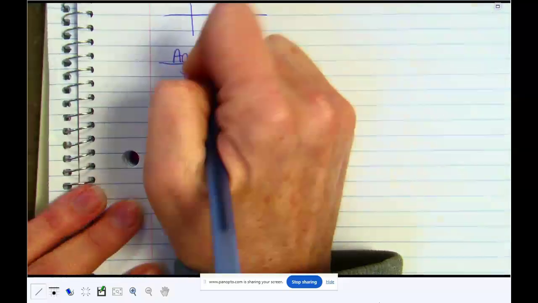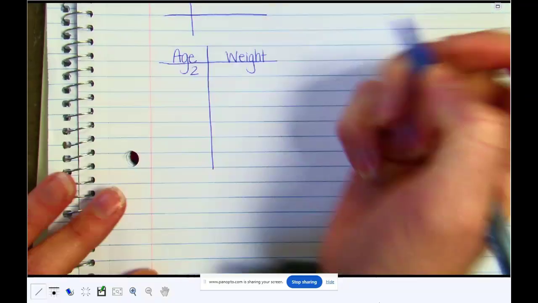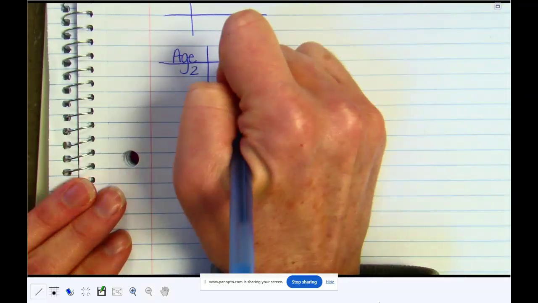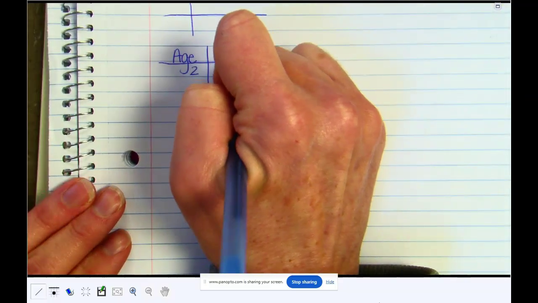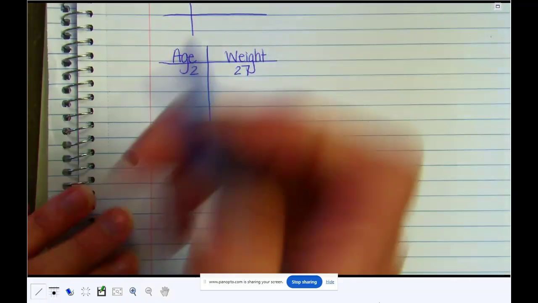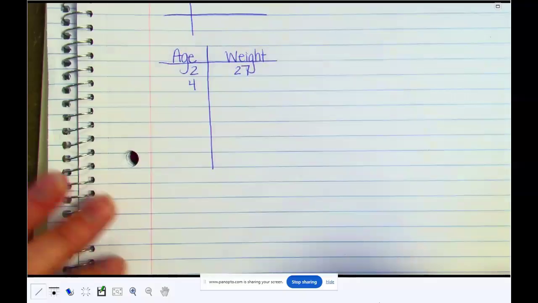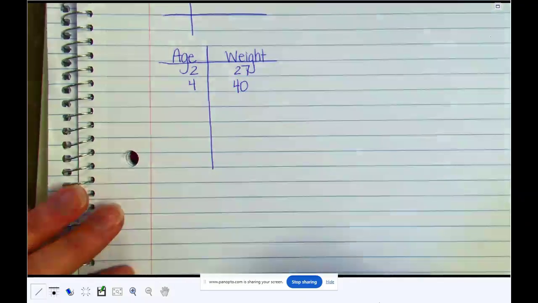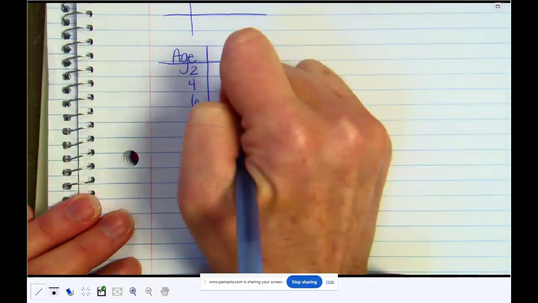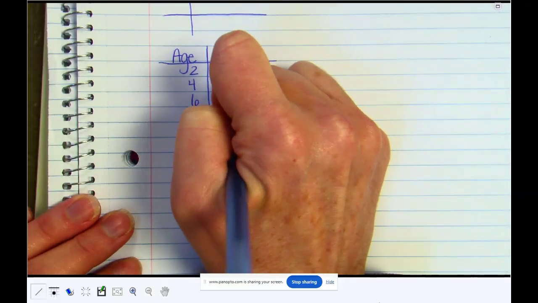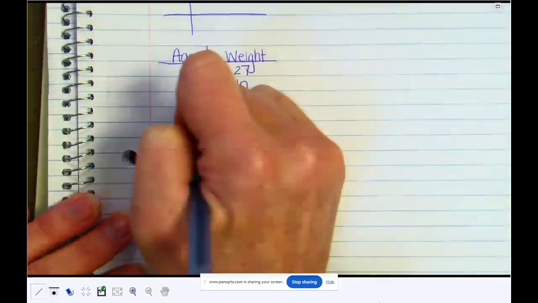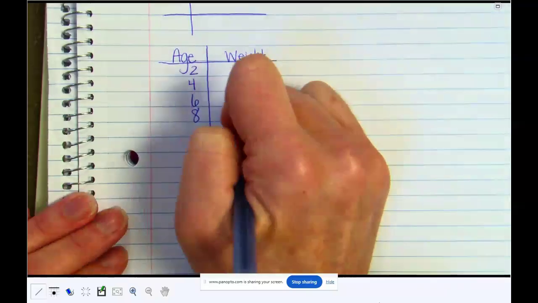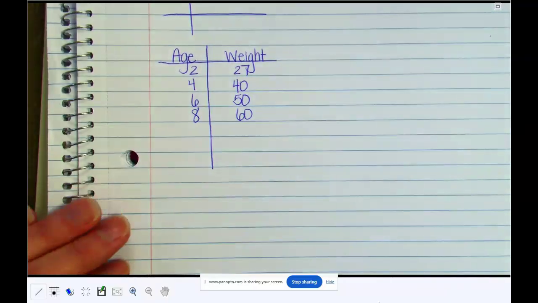So you have a 2-year-old, and we'll say that 2-year-old is 27 pounds. A 4-year-old is 40 pounds. A 6-year-old is 50. An 8-year-old, 60 pounds.